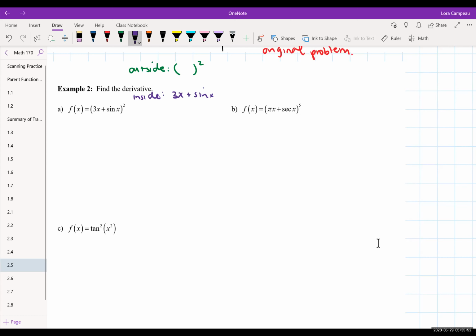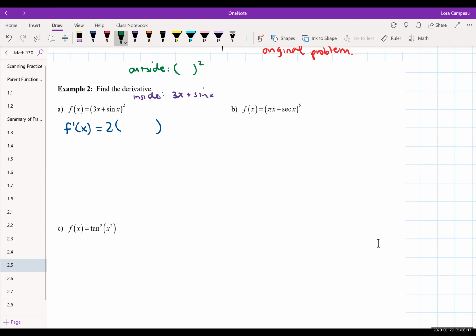So if I can decompose them in my mind, I can now start to ask myself the question, if I really want to take the derivative of this composition, f prime x, whenever you take the derivative of something squared, it is 2 times something. And the something part happens to be what the inside is.